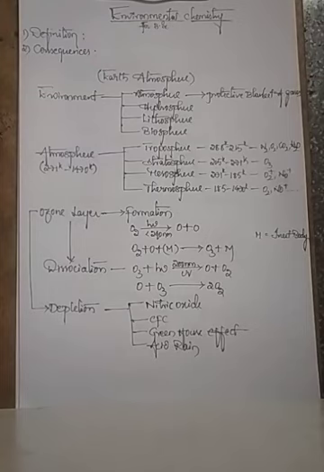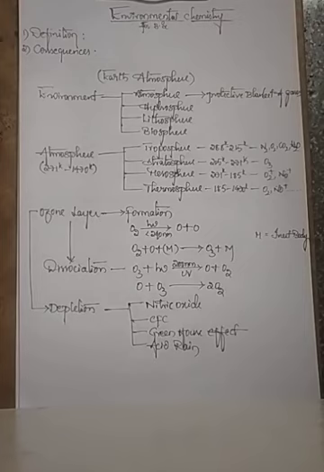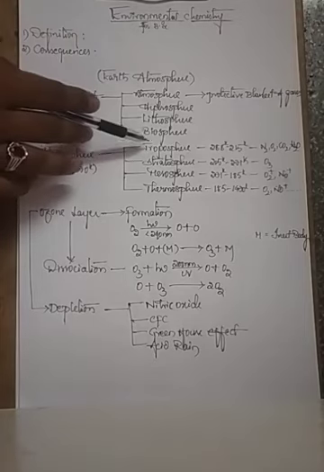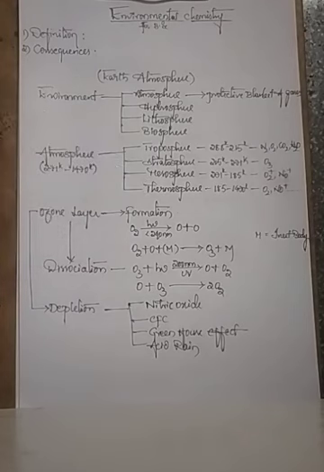Then the structure of the atmosphere. It extends up to 500 kilometers with a varying temperature from 271 kelvins to 1470 kelvins. The atmosphere is broadly classified into 4 types: troposphere, stratosphere, mesosphere and thermosphere.